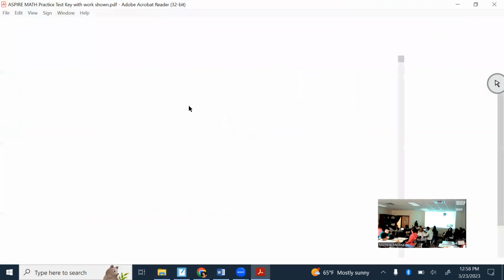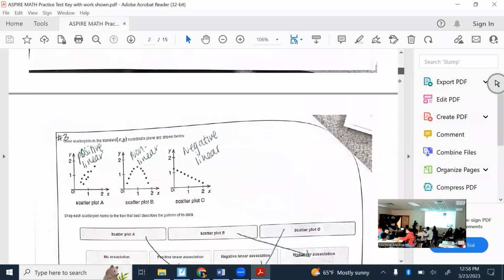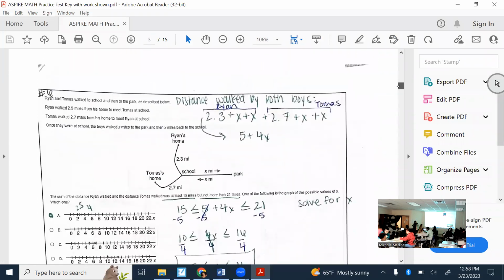Okay, so number 6. Here's Ryan's distance. It was 2.3 plus the distance from the school to the park and then back. Right?